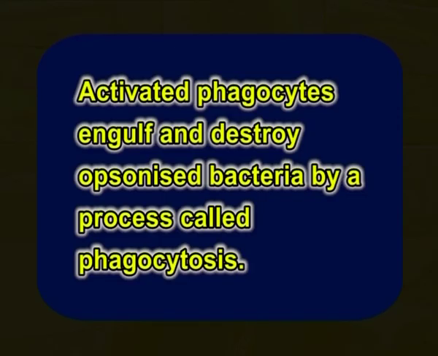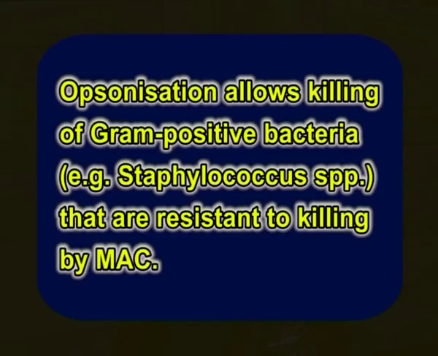Activated phagocytes engulf and destroy opsonized bacteria by a process called phagocytosis. Complement C3b is a particularly important opsonization protein for controlling bacterial infection by this mechanism. Opsonization allows killing of gram-positive bacteria, for example Staphylococcus species, that are resistant to killing by MAC.